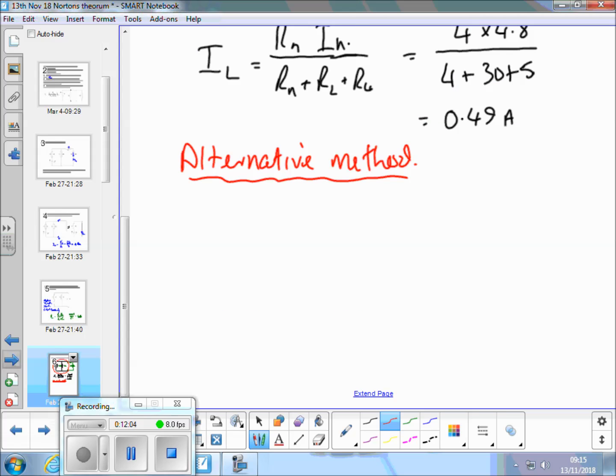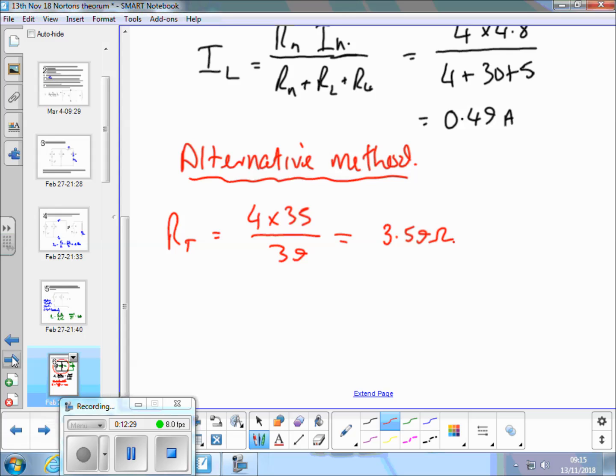We can calculate the total resistance by 4 times 35 over 39, product over sum rule, 3.59 ohms, rounded to 3 significant figures.